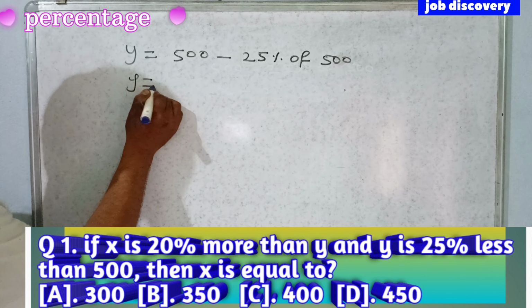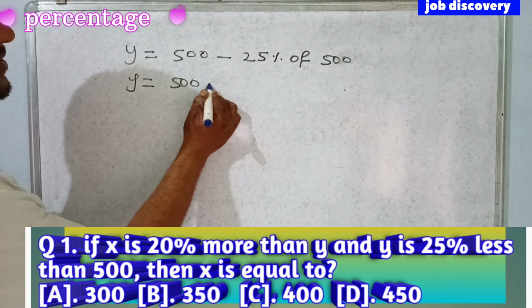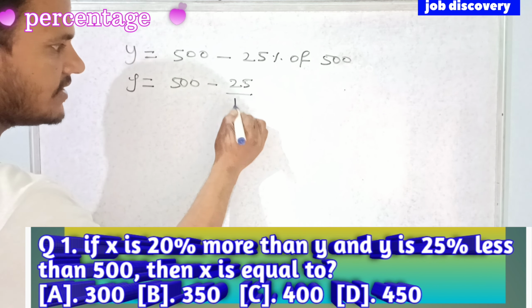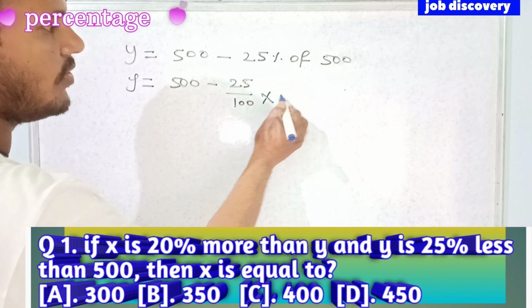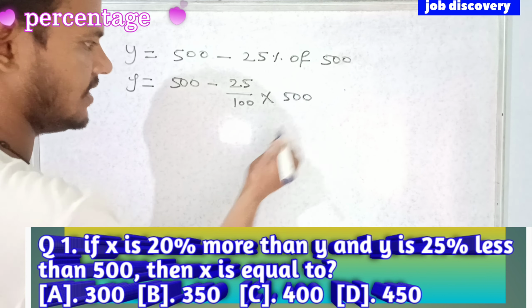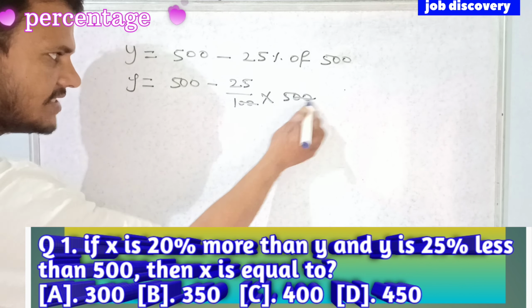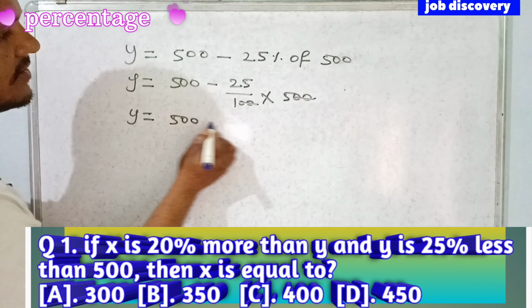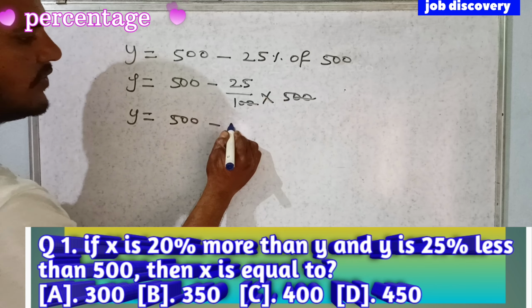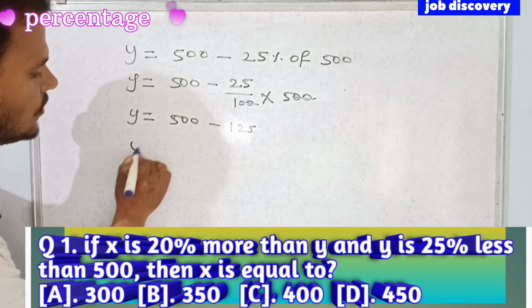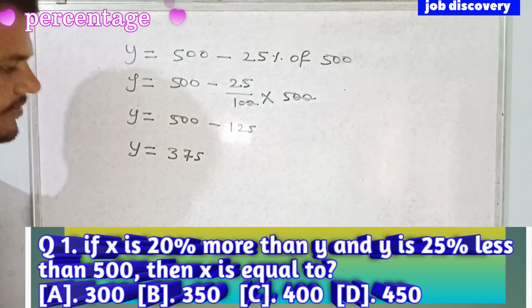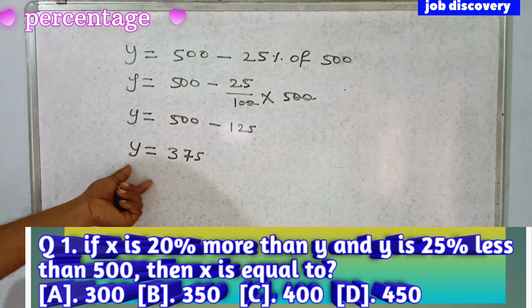So y is equal to 500 minus 25% means 25 by 100 multiplied by 500. 0 and 0 get cancelled. So y is equal to 500 minus 25 into 5 will be 125. So y is equal to 375. Now we have the y value.